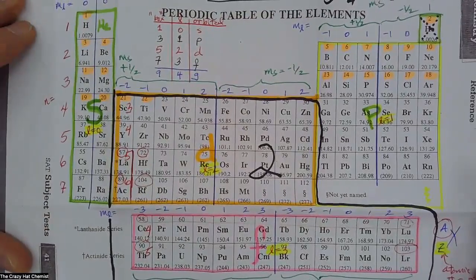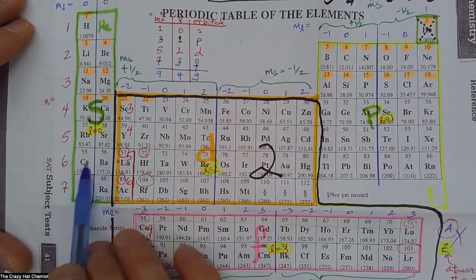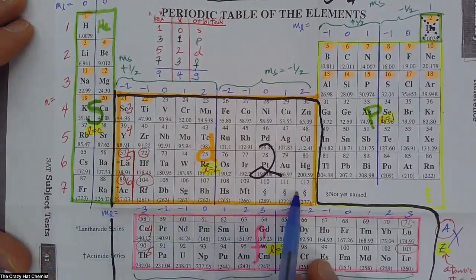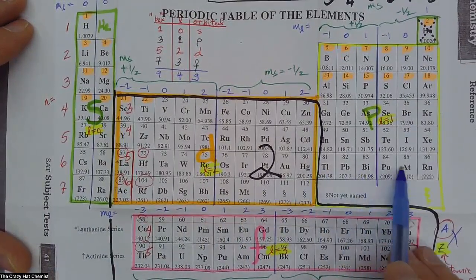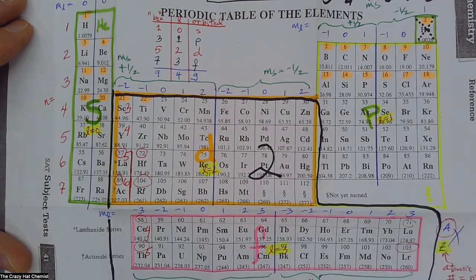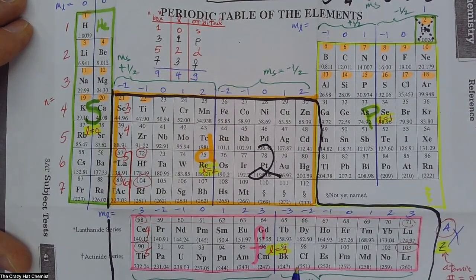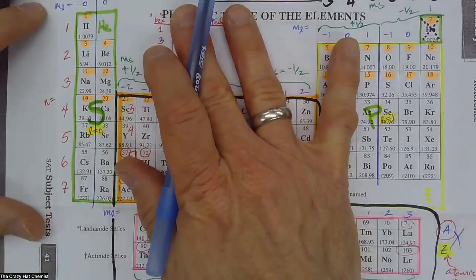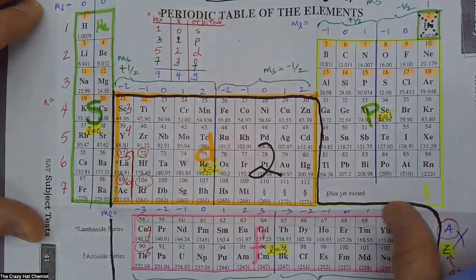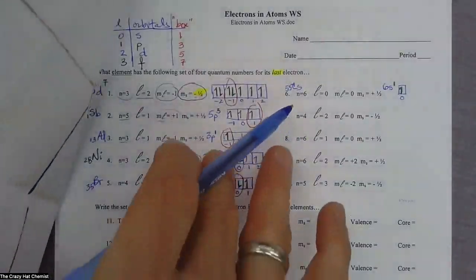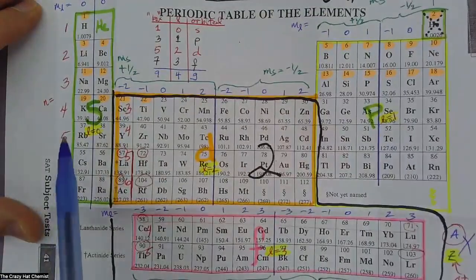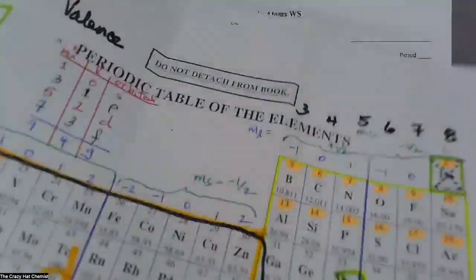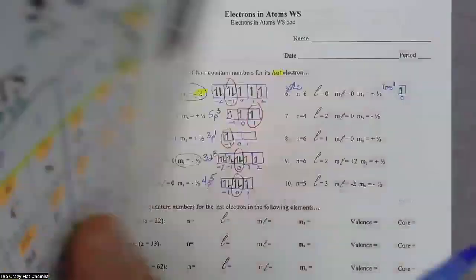So if I look at my periodic table, it's n of 6. So n of 6 could be one of these 2, one of these 10, one of these 6, and it could be in the 14 range of the f's, but we don't actually have those for real, actual elements. So we'll skip that one. But then our next is an l of 0. That lets me know it's an s type. So I'm going to get rid of the p's, the d's, and the f's.